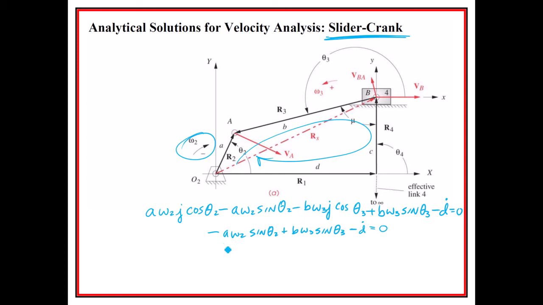So that's the real, because it's the sines. If we did the imaginary, it'd be a omega 2 j cosine theta 2, and then simply minus b omega 3 cosine of theta 3 equal to 0.